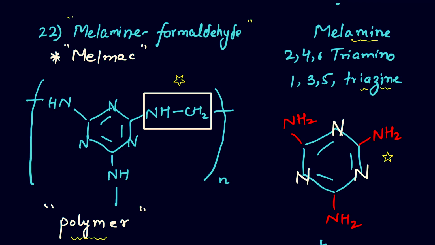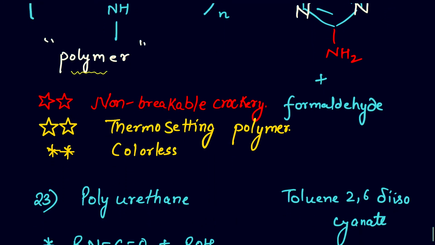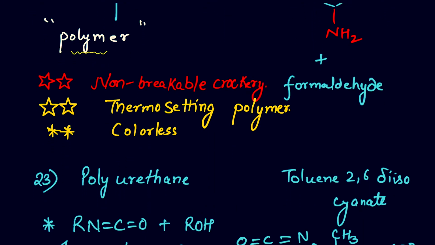Please remember, this is also known as Melmac. Melamine formaldehyde resin is important as it is used in non-breakable crockery. It is an example of a thermosetting polymer, and it is colorless.